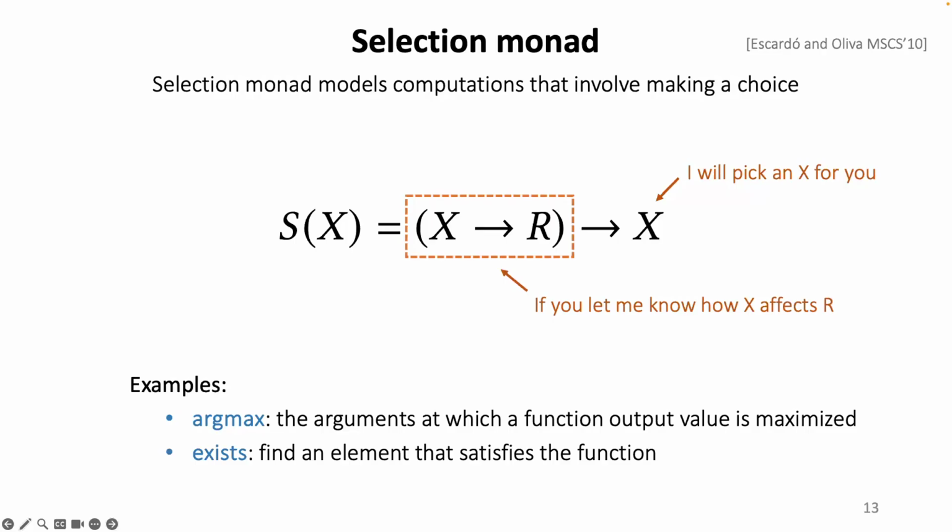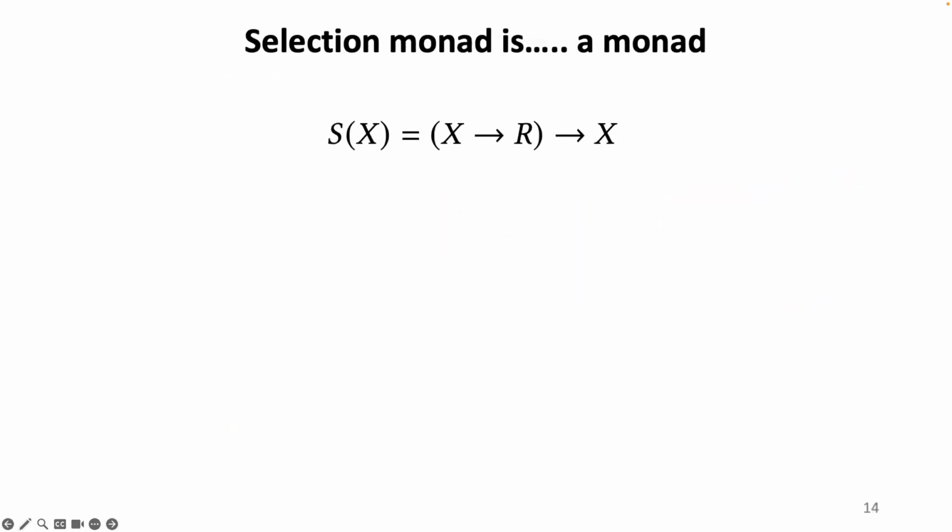Of course, if we have the selected element and the selection function, we can still recover the final result of the computation. And if you know the continuation monad, you know it is a monad. The selection monad apparently is also a monad.